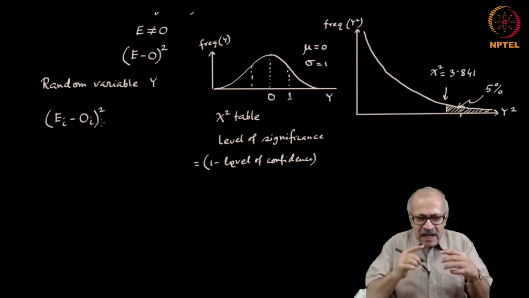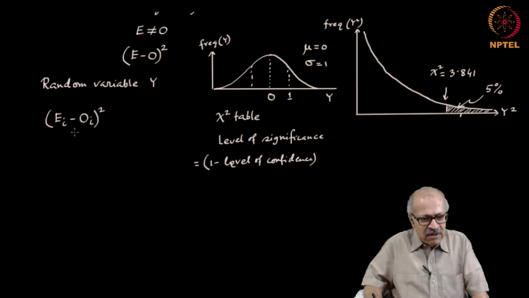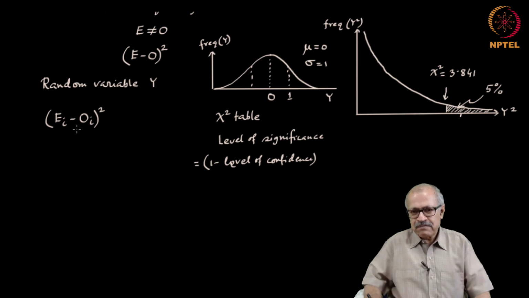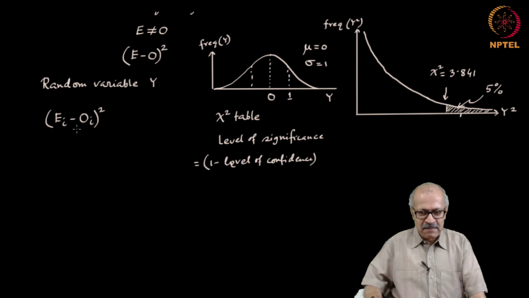So, in that case we are talking about E1 minus O1, E2 minus O2, and each one will be distributed like a random variable. So, we are essentially talking about the summation of the squares of random variables.